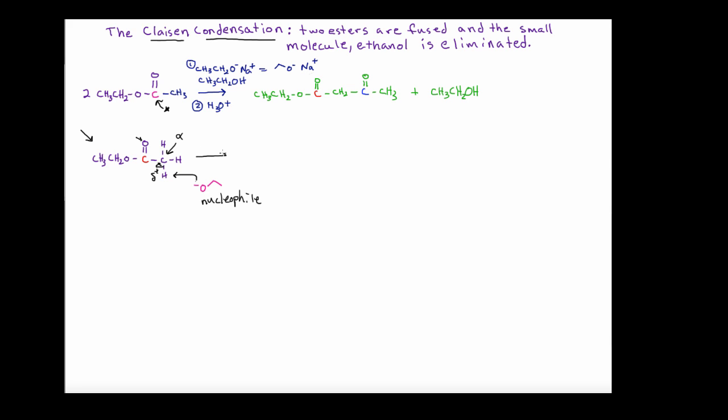So let me go ahead and redraw the compound now, showing the enolate anion. All right, and remember, this is a resonance stabilized intermediate.